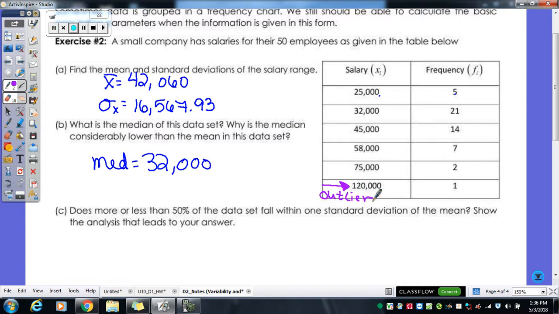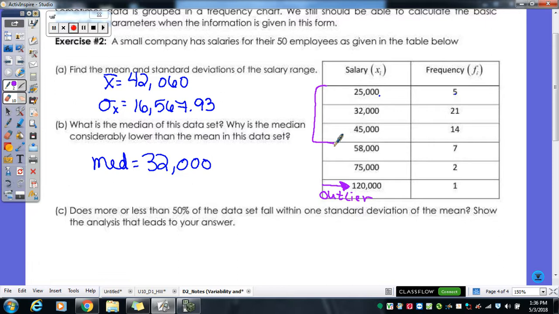That is an outlier. Is anybody else close to making 120,000 other than that one person? No. The average salary is closer down here to this range where our median actually ends up falling, which is the 32,000.